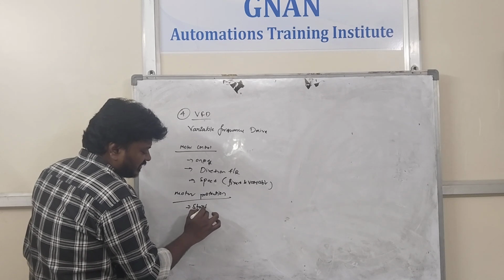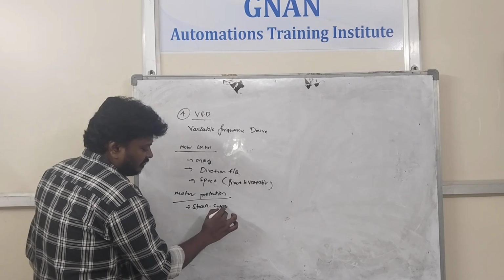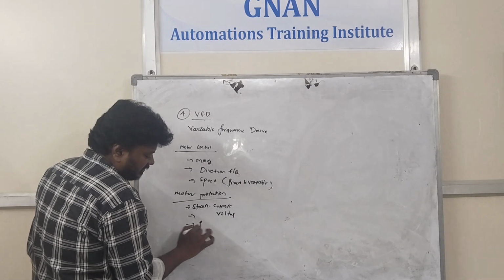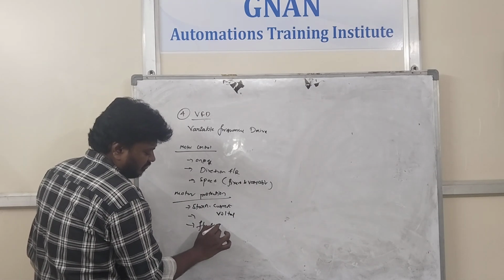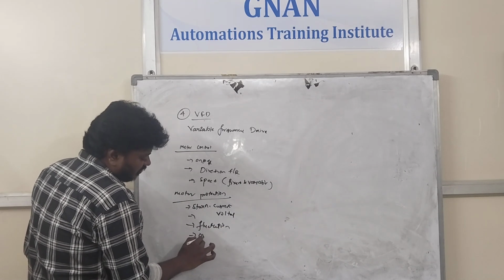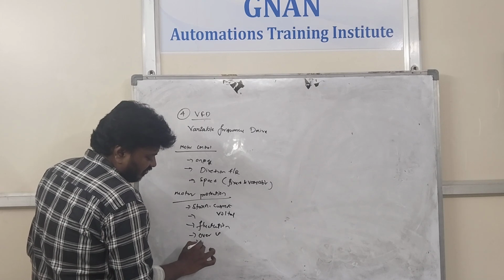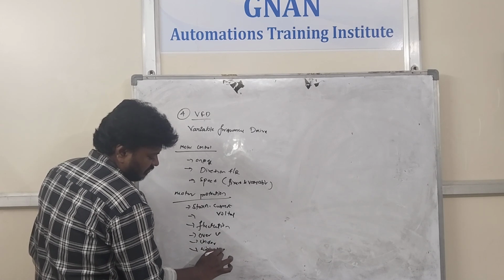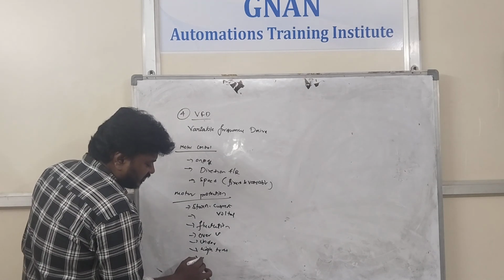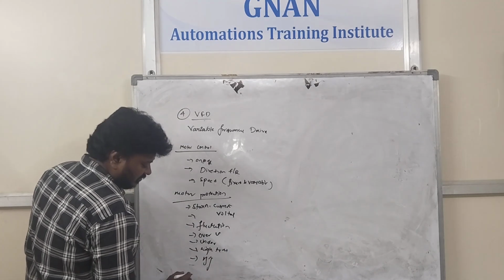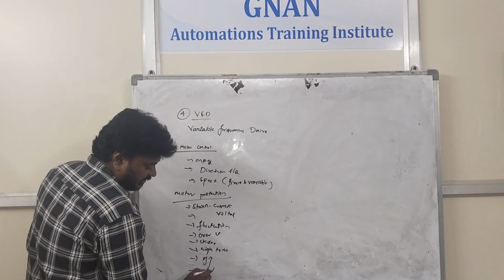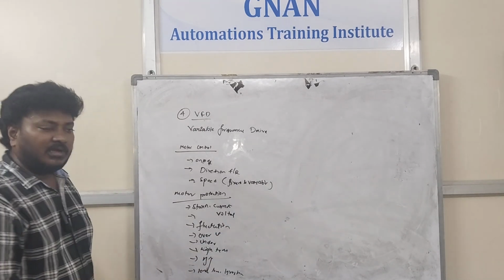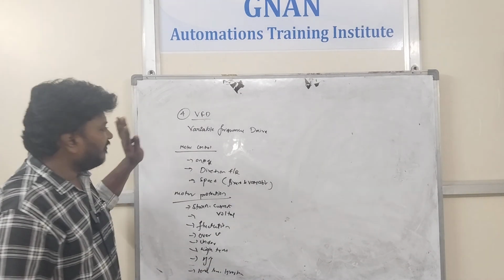It is going to reduce the starting currents, voltage fluctuations, over voltage, under voltage, higher temperature. Okay, and it is going to increase the efficiency of the motor. It is a long term investment to the industry, right? This is the major criteria of the VFD.